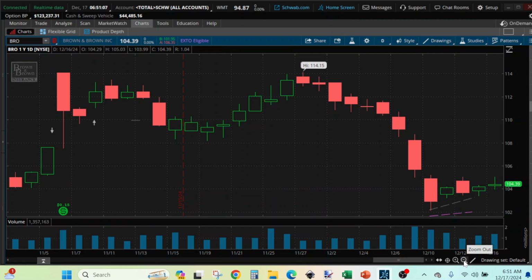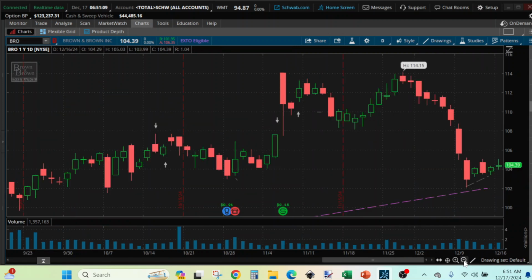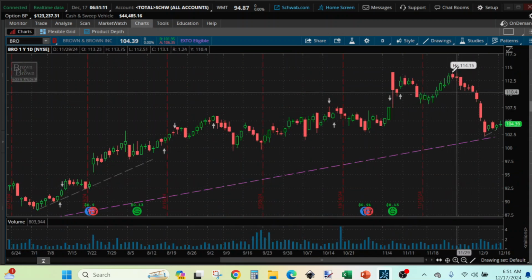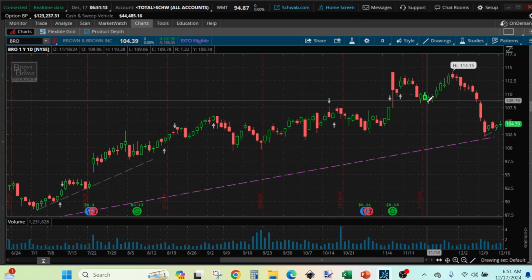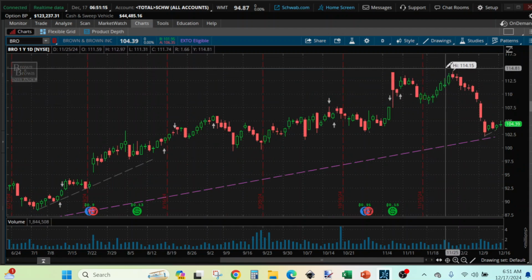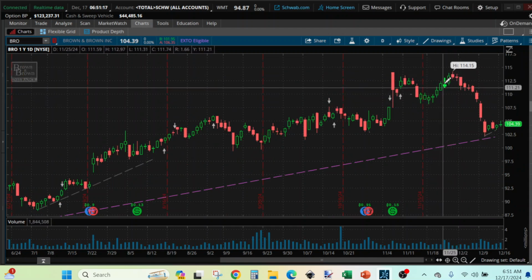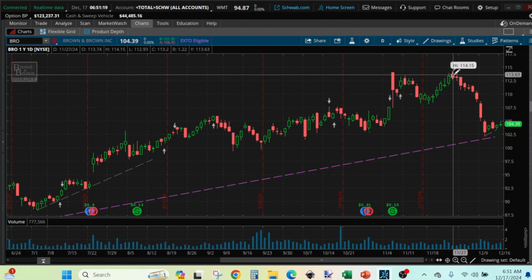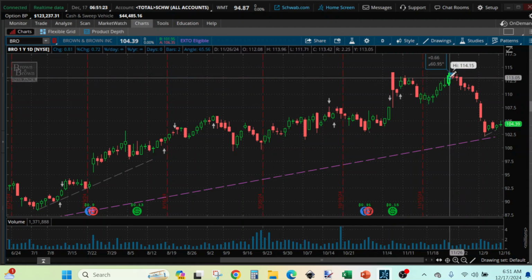Not necessarily coming accurately to the trend line, but there is a pullback. Alternatively, the price is going up when the bar is green, and the price is pulling back when it's red.